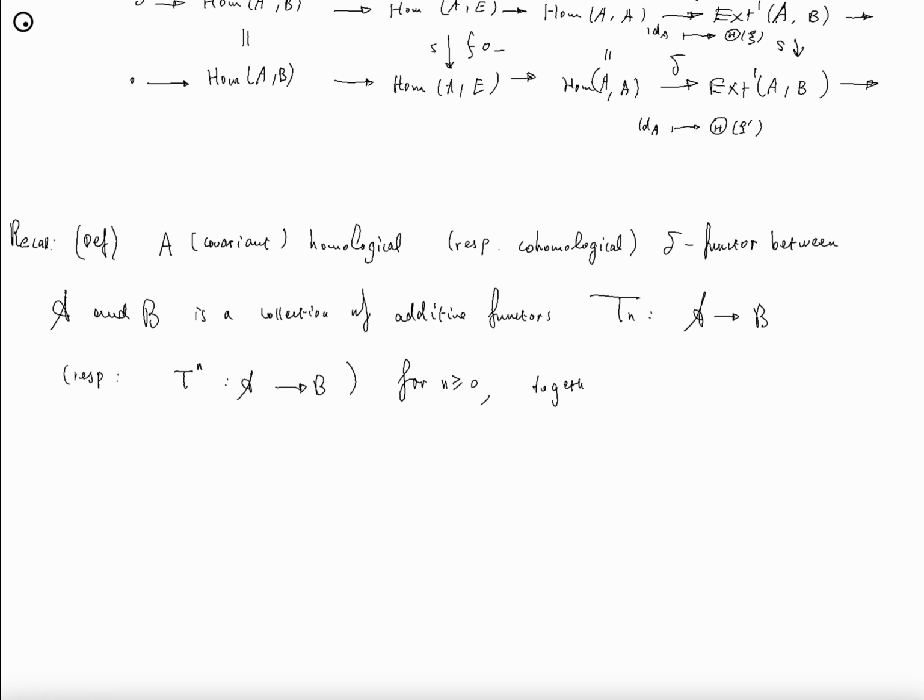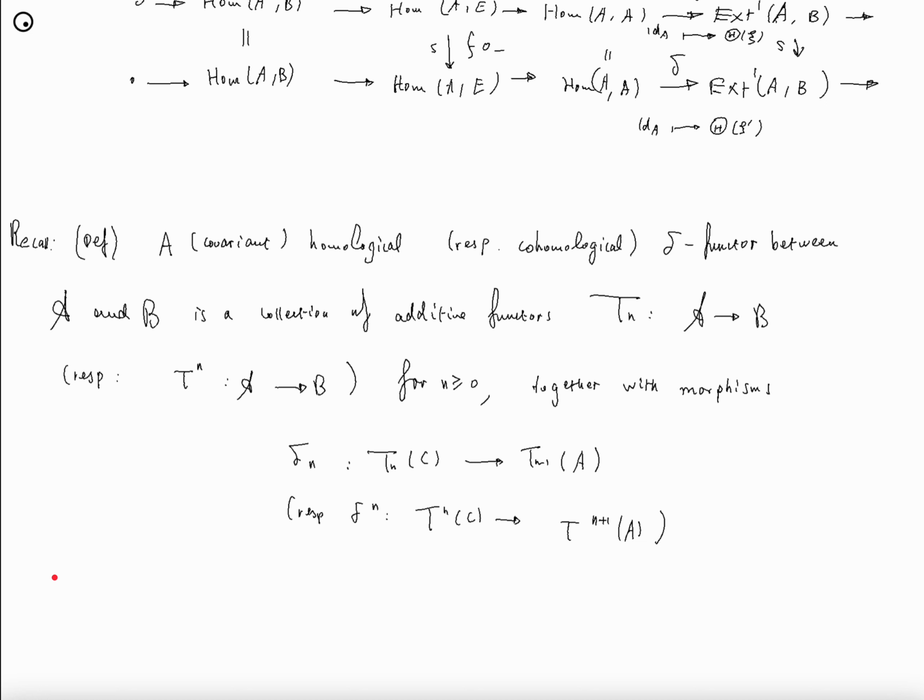Together with morphisms delta_n, T_n(C) to T_{n-1}(A), respectively delta^n, T^n(C) to T^{n+1}(A).